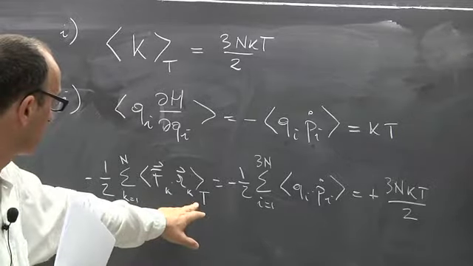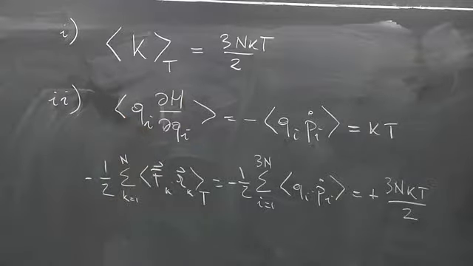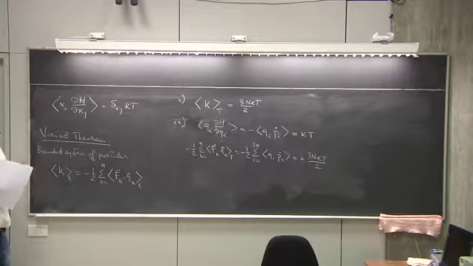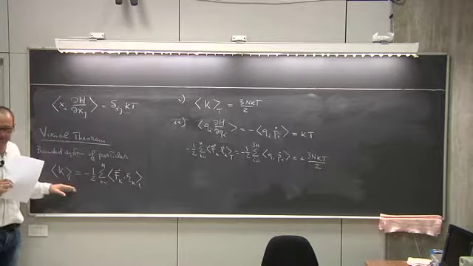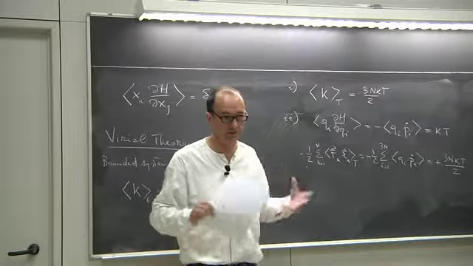Okay, so this is exactly equal to the virial theorem. The difference is that here the time is a time average, whereas here the time is an average over the ensemble.